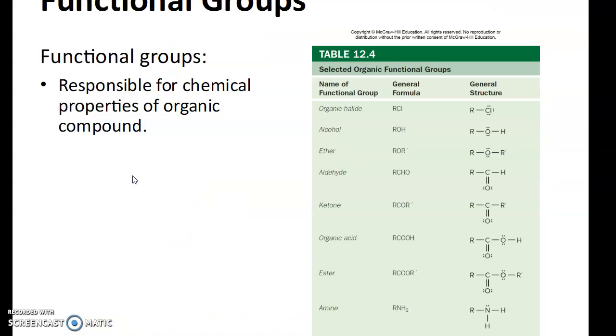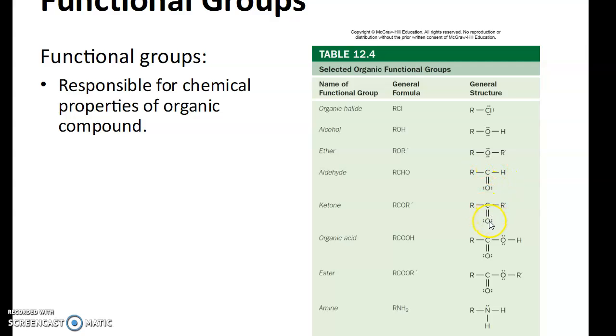Okay. In addition to the chlorine groups or halide groups, we also have alcohol groups. You can also have an ether, where the R stands for a carbon element in a carbon chain. So if you have an OH attached to a carbon, it's an alcohol. If you have an oxygen between two carbon atoms, it is an ether. If it's a carbon with a double bond to an oxygen in the middle there, with a hydrogen over here, it's an aldehyde.